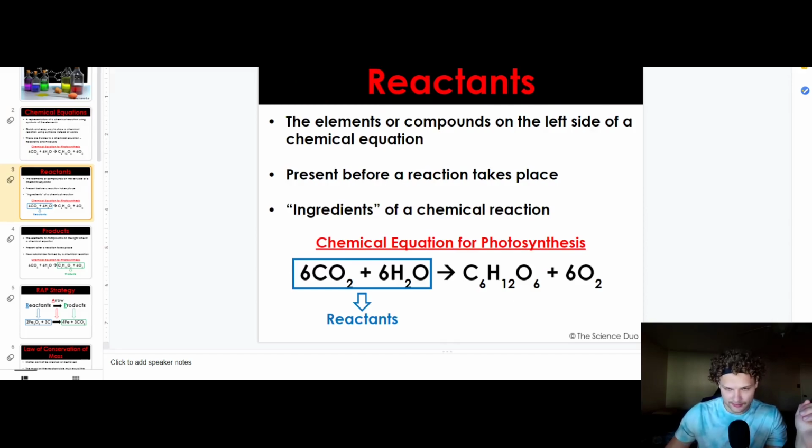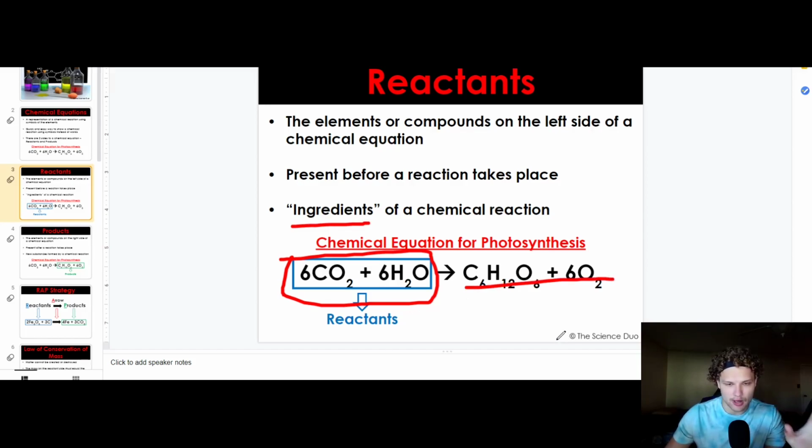Reactants. Here, we're breaking down and understanding that reactants are going to be our ingredients. They're the things that we use to create the other side, the products. Anything on the left side is going to be a reactant. If I were to flip the arrow, then the reactants would always be on the side that the arrow is coming from.